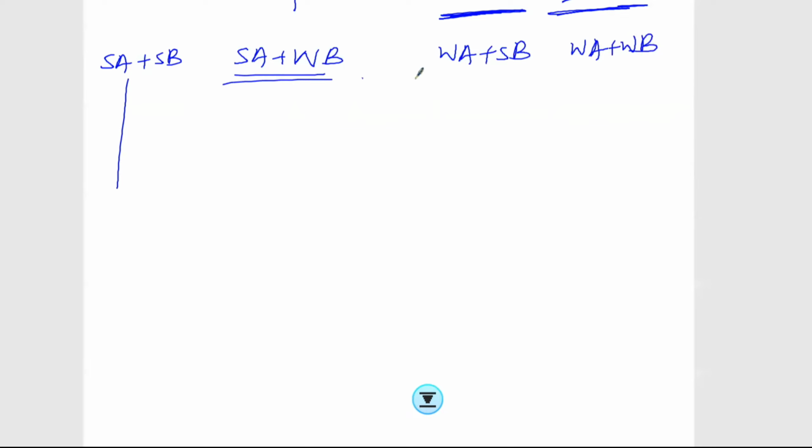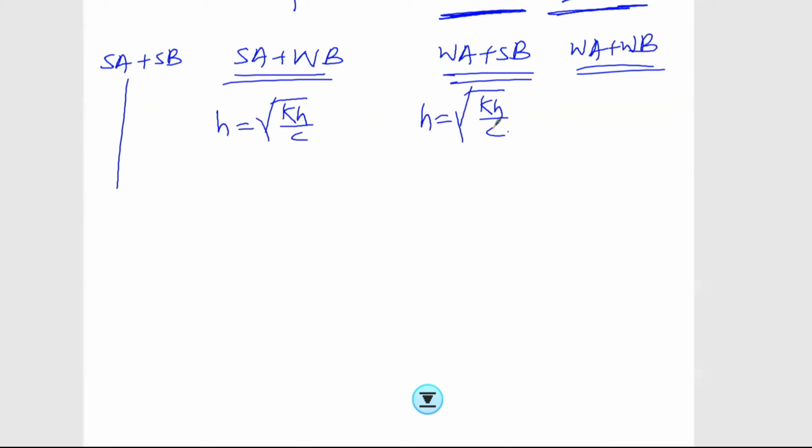So first write degree of hydrolysis, that is h. h is equal to root Kh by C, same here also, h is equal to root Kh by C, but here h is equal to root Kh. So here you can see the concentration term is not there, therefore upon dilution what happens?